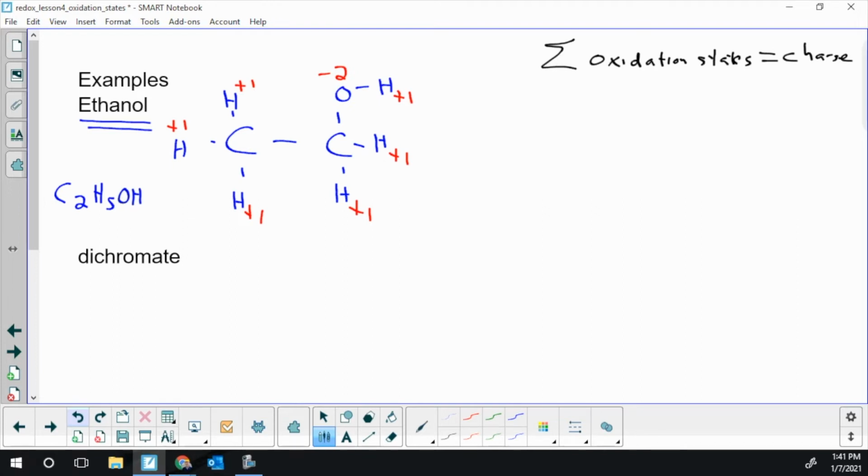Now this could be the charge of an ion or of a molecule. This works for both. If that's a little confusing, you need to see an example. So I'm going to break this down. We're going to look at all the cations plus all the anions, all the positive oxidation states plus all the negative oxidation states, and they are going to have to equal our charge.